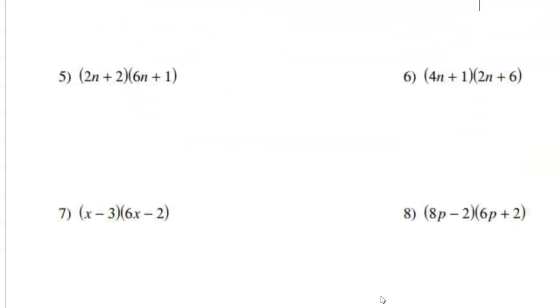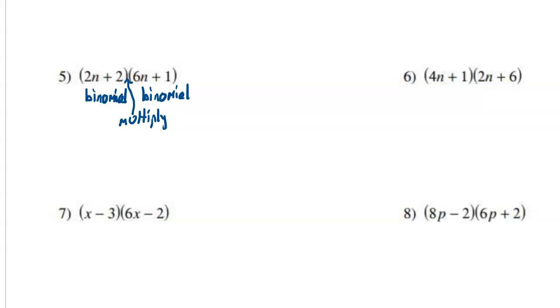Question 5. The structure changes. Here we have a polynomial. Specifically, it's a binomial. It's a polynomial with two terms, and it's being multiplied by another binomial. In the center, multiplication. A binomial times a binomial is done by performing the distributive property twice.